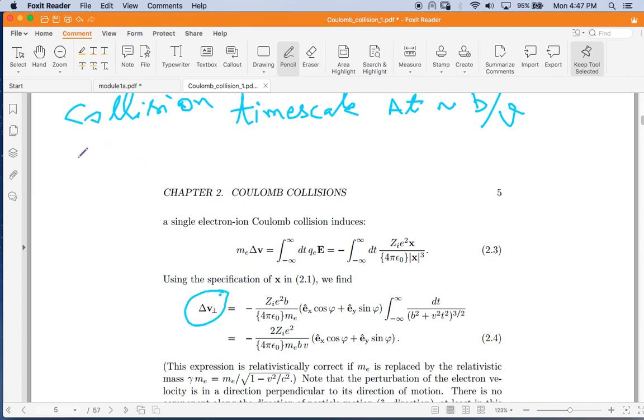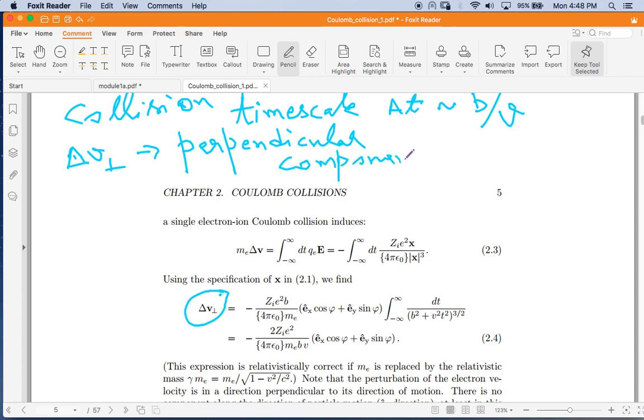Okay, so delta v. There is some further trigonometry here. Okay, this is the perpendicular component of delta v.